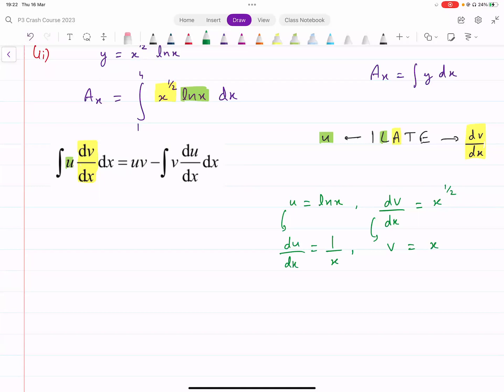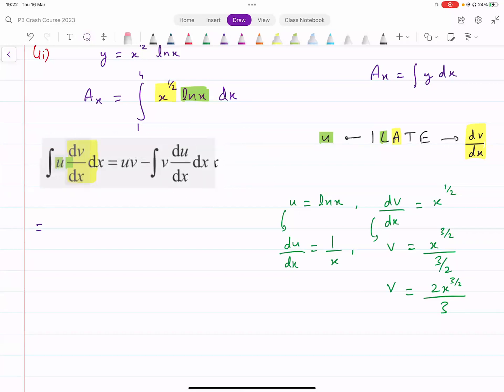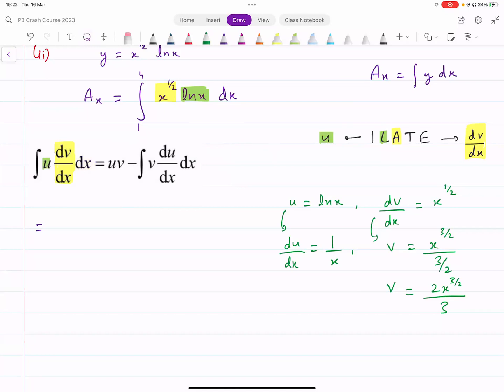All we have to do is add 1 to the power, so it becomes x raised to power 3 over 2, divide by that increased power, so divide by 3 over 2. And that gives us 2x raised to power 3 over 2 divided by 3. This is what v is. And now all we have to do is input values in that formula and see what we get from that. So I'm inputting values on the right side here.